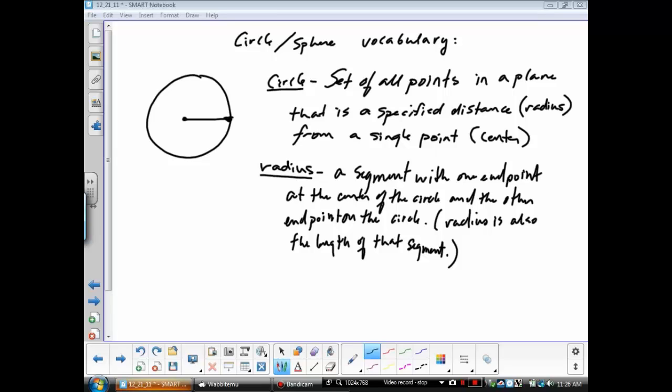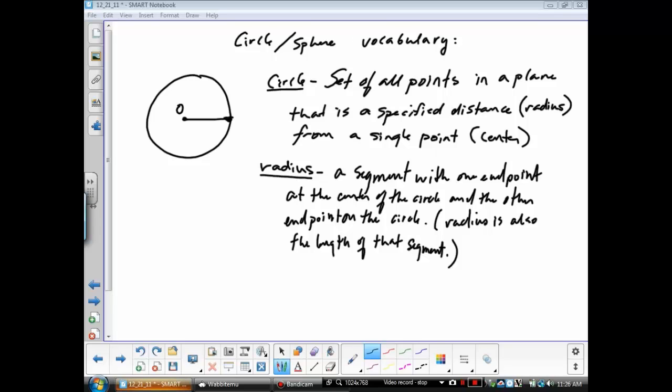When asked what is the radius of the circle, usually they're talking about what is the length of the radius. If they're asking what is the segment, which is the radius, you'll kind of know from the context. And you would say, oh, let's see, one of the radii is, and we would need to know the endpoints.